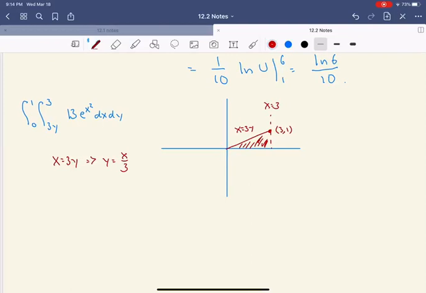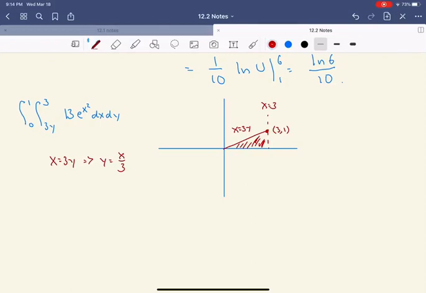Okay? So, this is a bad integral. We don't like it. All because of this e to the x squared that we're being asked to integrate. We don't know how to deal with that. But what we can do is rewrite this. The limits in x, if we make x the outside variable, are from 0 to 3.